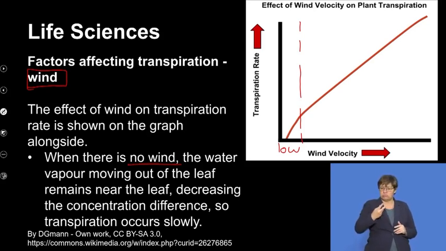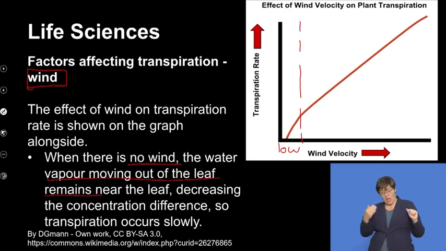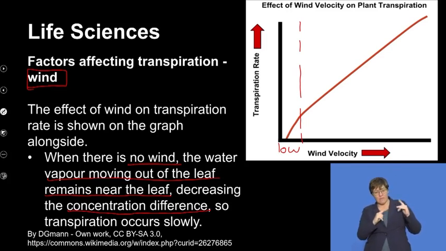It's low, because the water vapor moving out of the leaf remains near the leaf, which decreases the concentration difference or gradient. And because there's a low concentration gradient, transpiration occurs slowly.